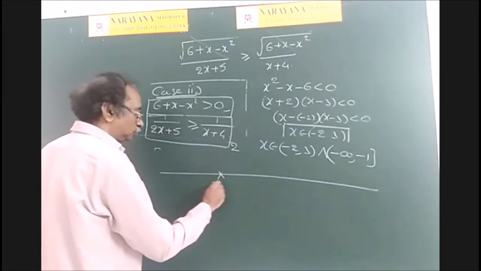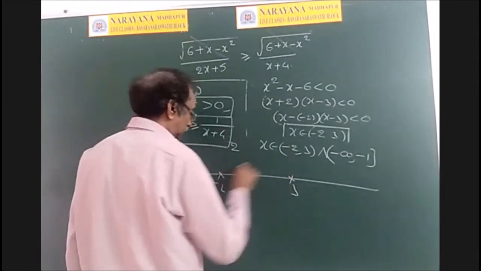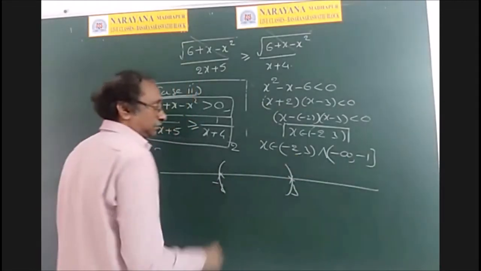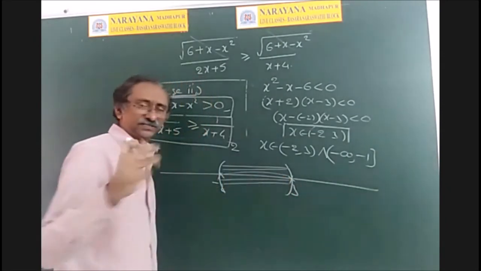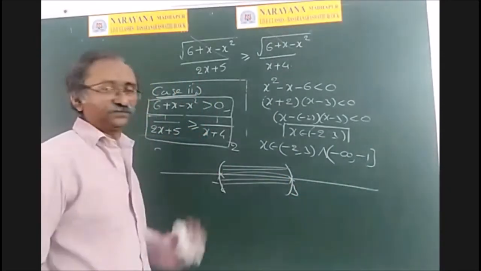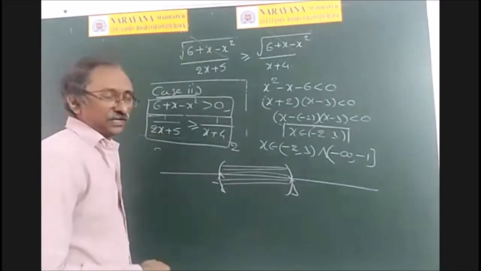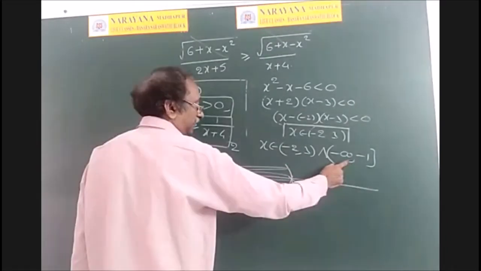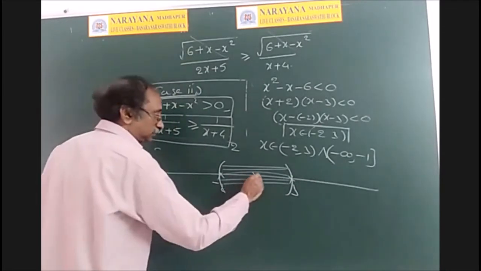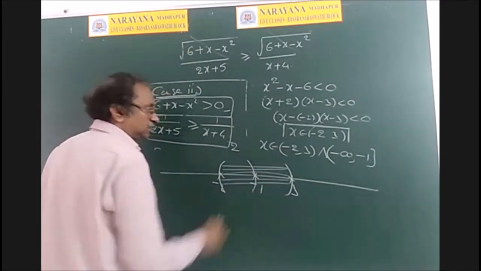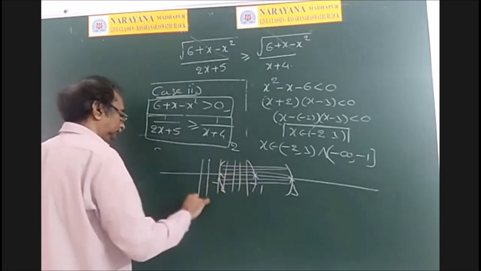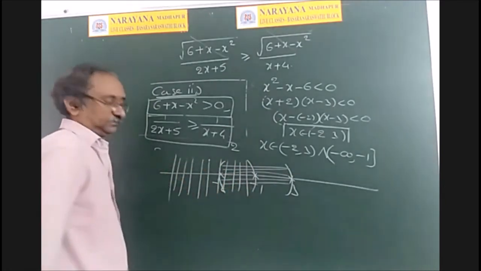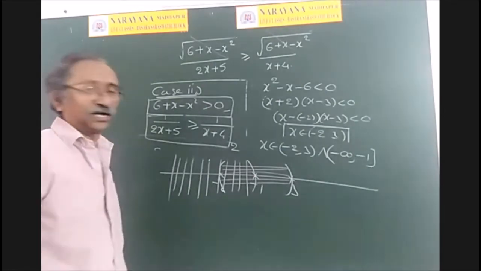So minus 2 to 3 is this interval. Take horizontal lines, or if you have color pens and pencils, you can draw this with a color pencil, and with a different color, you draw this one, minus infinity to minus 1. Now you tell me what is the common part.